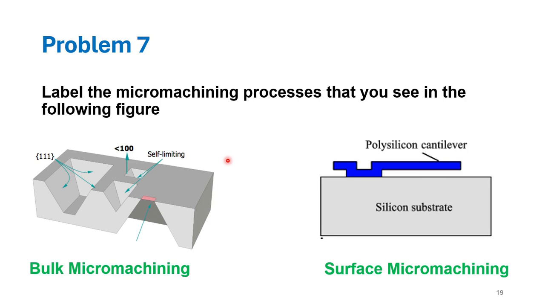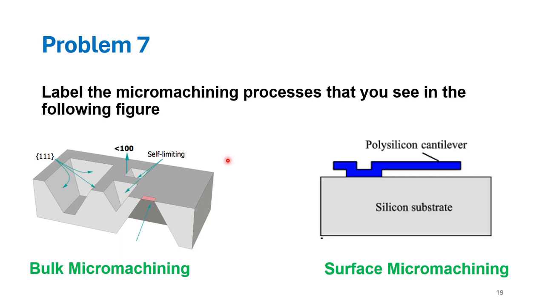Why do we call the first one bulk micro machining? Because we take a substrate, then we etch out all the regions that we don't want in the substrate and we'll make a device. We start with a bulk material, we etch out and remove all the unwanted material, then we'll make our structure.